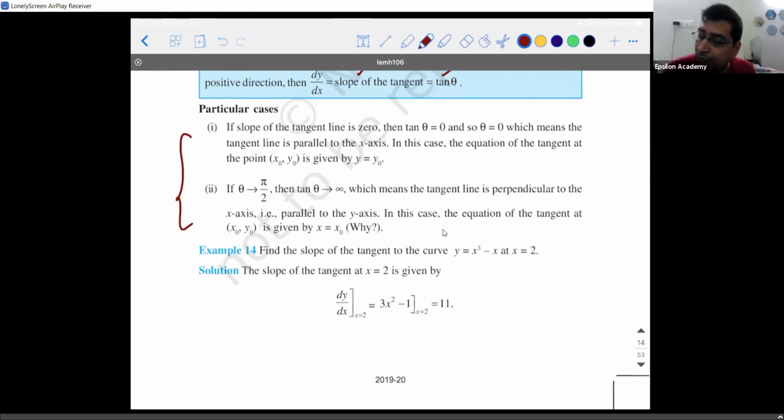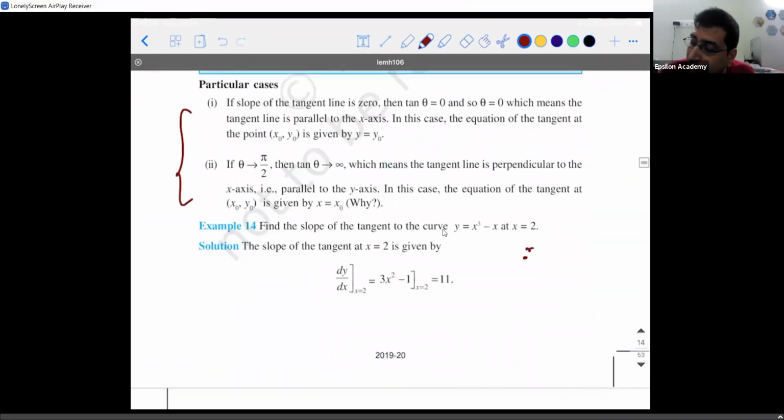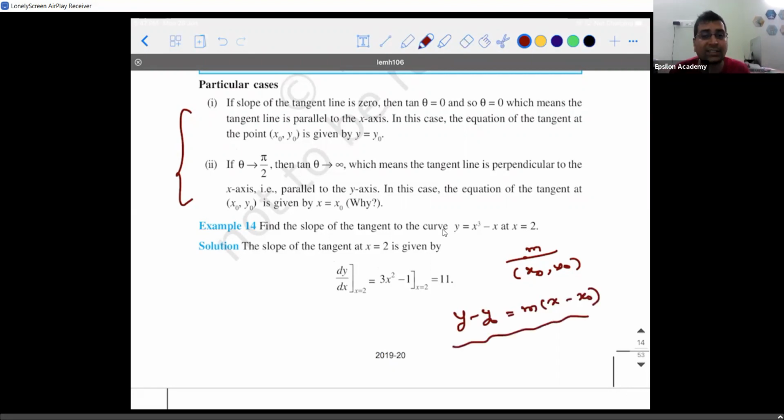Similarly, if you know the slope of a line and the point through which the line is passing, how do you write the equation of the line in slope point form? y minus y naught will be equal to m into x minus x naught. You know this, right? y minus y1 is equal to m into x minus x1.